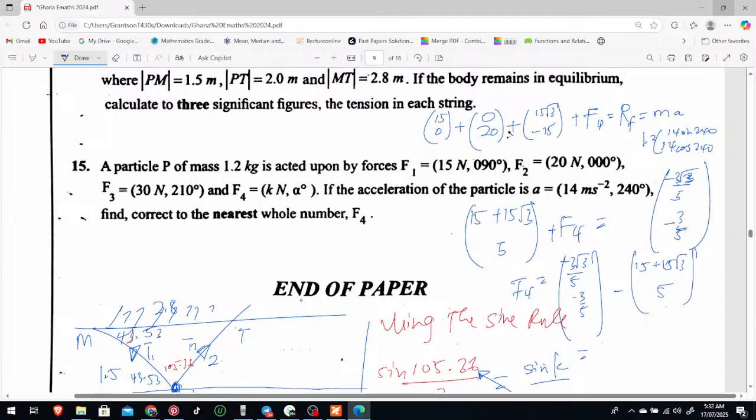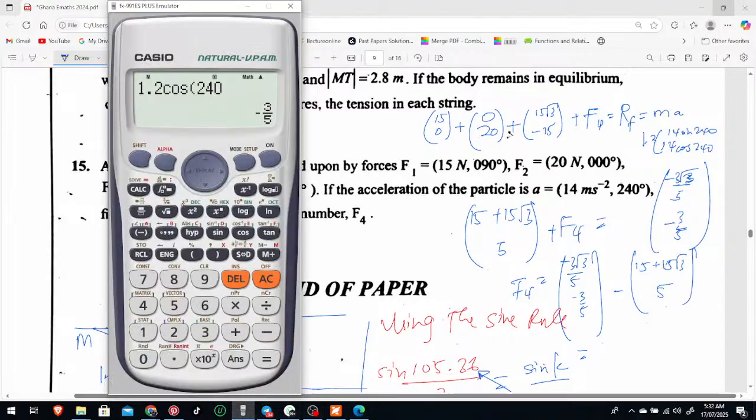So let's subtract the top. So negative 3 root 3 over 5 is from 1.2 times 14 sine 240. Okay. Let me even check the figures. So 1.2 sine 240 is negative, 1.2 cos 240 is also negative. So now let's punch the values.